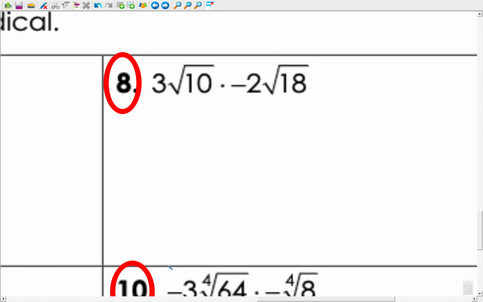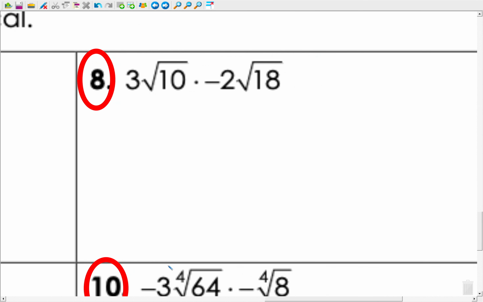The next problem, number 8. You want to multiply the coefficients this time. The coefficients are 3 and negative 2. 3 times negative 2 is negative 6.